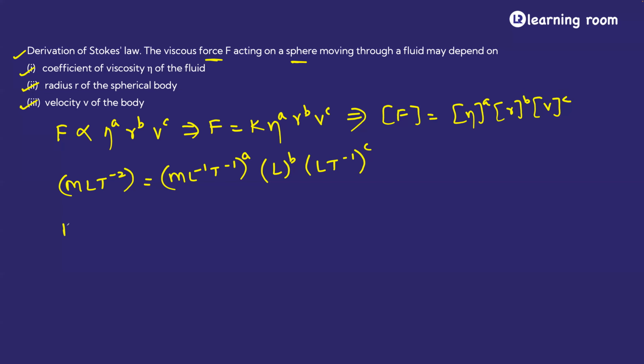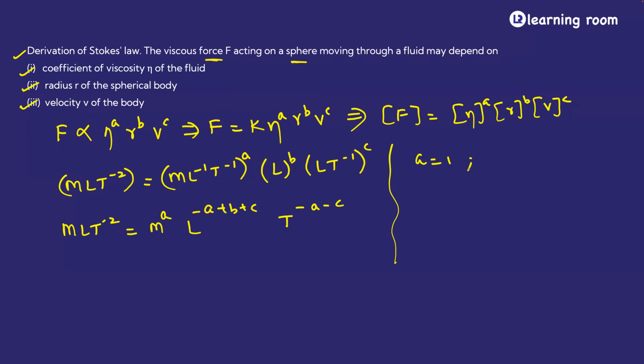Now, if you take the values MLT^-2, on the right-hand side you will get M^a, L^(-a+b+c), and T^(-a-c). Now you equate both sides. a is equal to what?